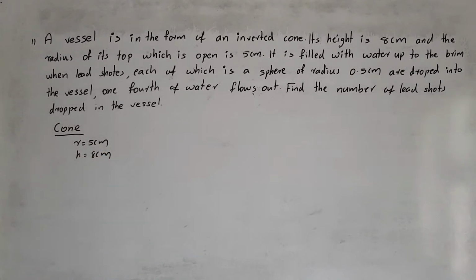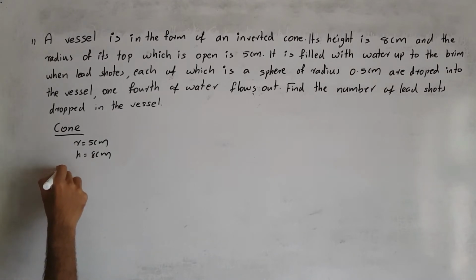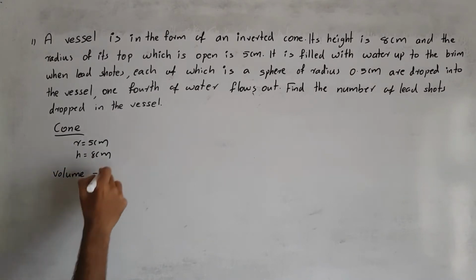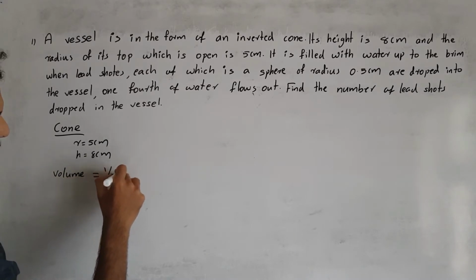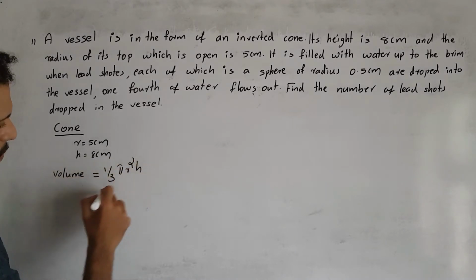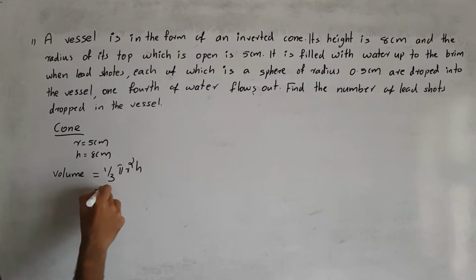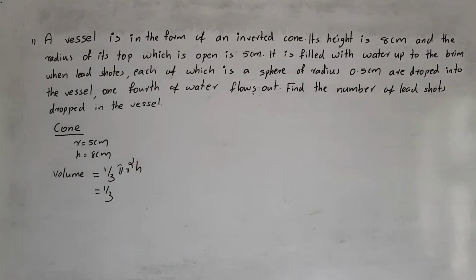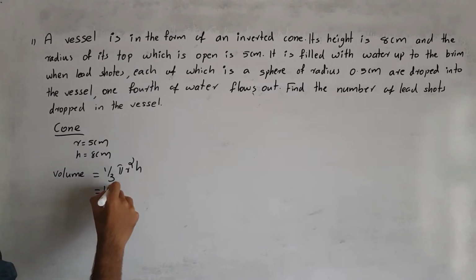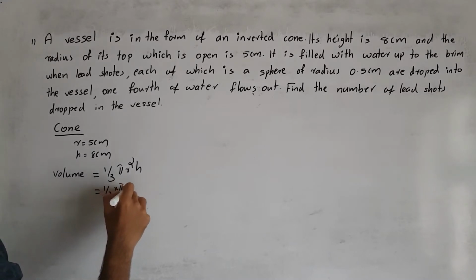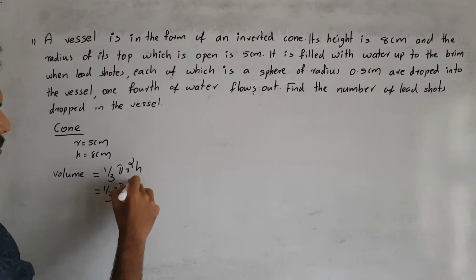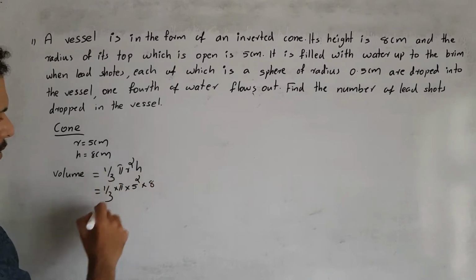Then it is possible to find the amount of water in the vessel, or the volume of the vessel, which is equal to 1/3 pi r square h. Then 1/3 into pi into r, which is 5 square, into h, which is 8.